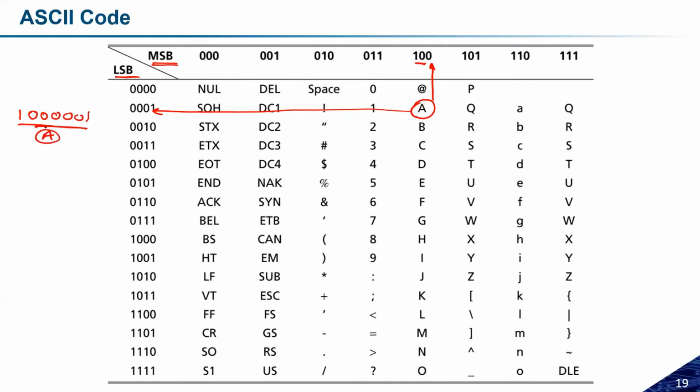Okay, so this is how we can generate the code for different alphanumeric characters and symbols. Similarly, suppose I want the code for this AND symbol, then I go with this one, which is 010, and then in this direction, which is 0110. So this code is for the AND operator.